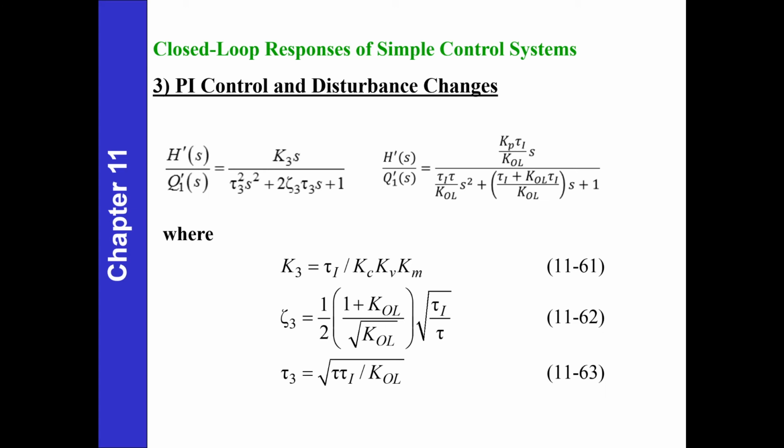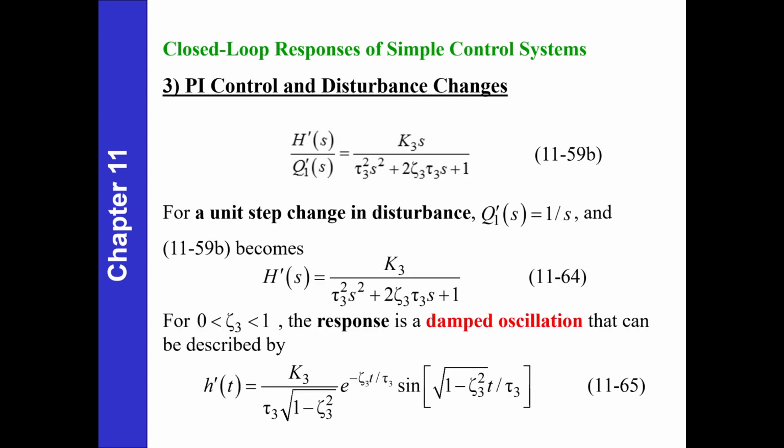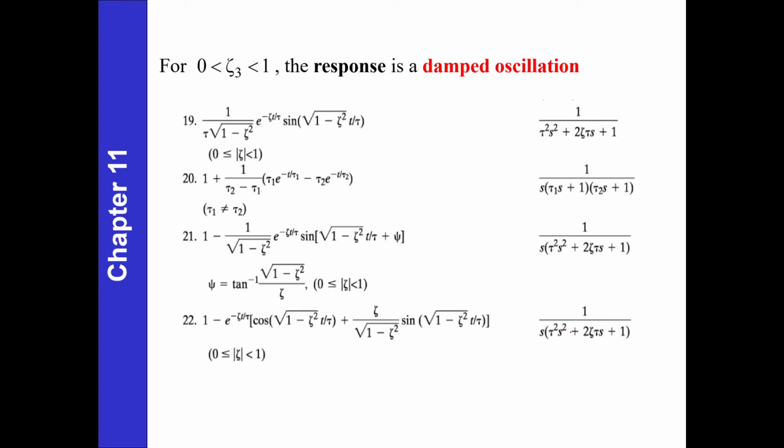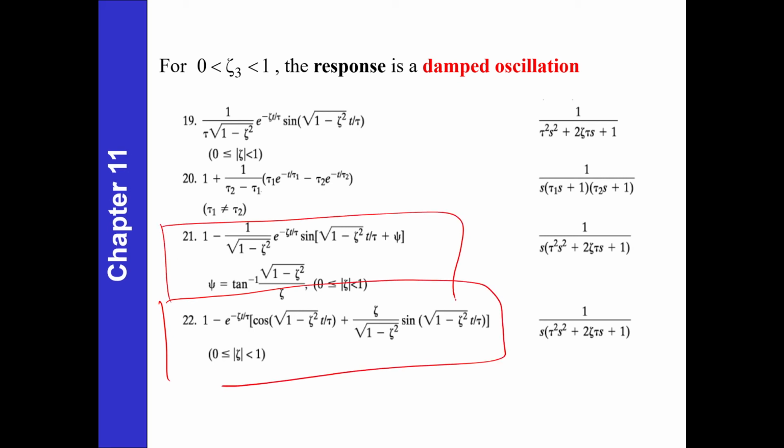Okay, when you have a second order transfer function and then you introduce a unit change in a disturbance, a step disturbance, you will get a damped oscillation. Okay, and then this is table 3.1. That damped oscillation can be described by these two equations.